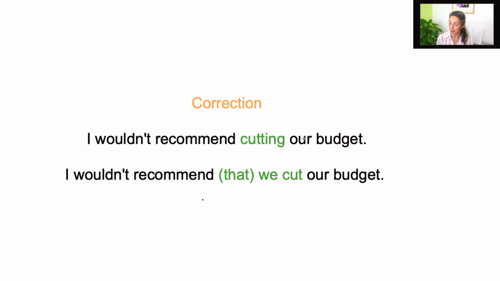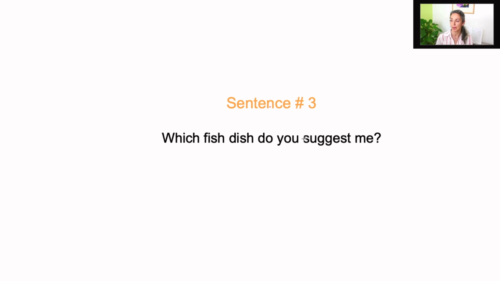Let's look at sentence number 3. Which fish dish do you suggest me? How can you correct this sentence? Again, there are 2 things you need to do. The first thing is to change this verb. Remember, we can't use suggest when it's something. Now we're talking about a fish dish.